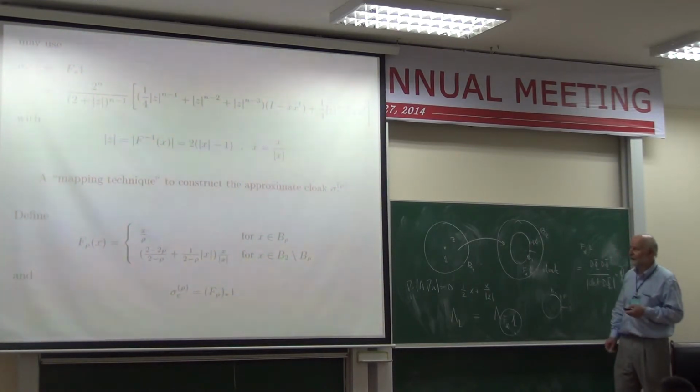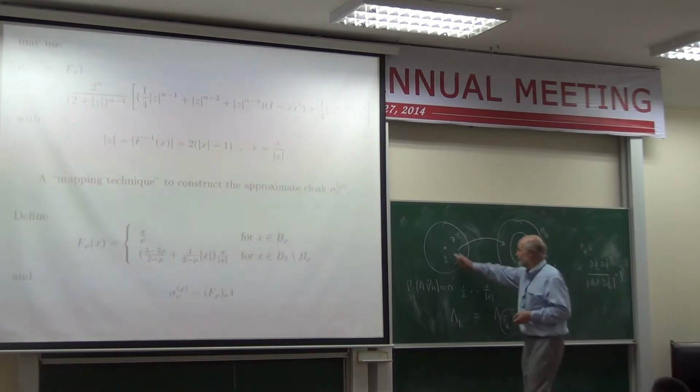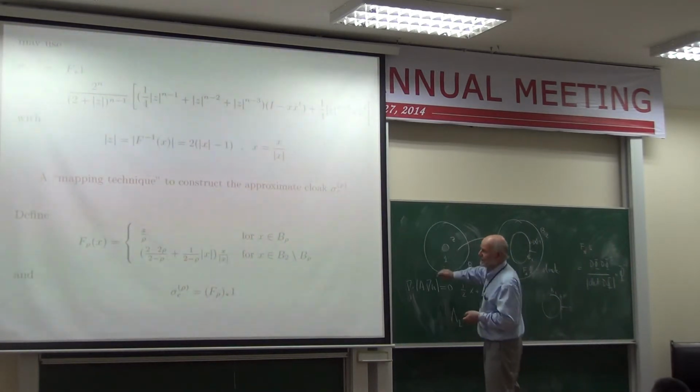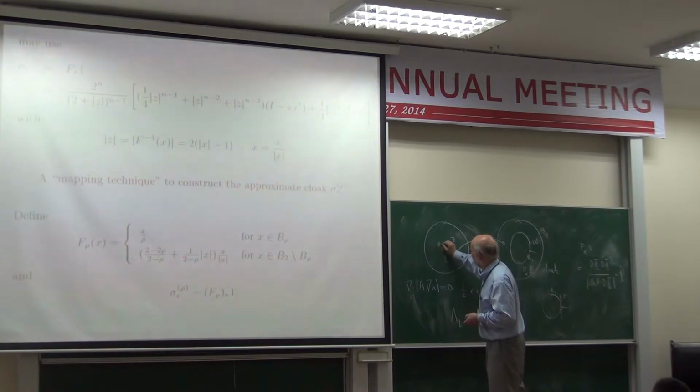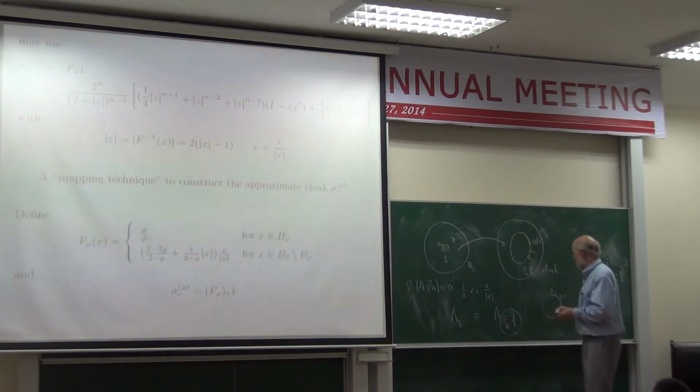Okay, so what I've shown you in the next slide is to take a ball of radius rho. And now take a ball of radius 1.